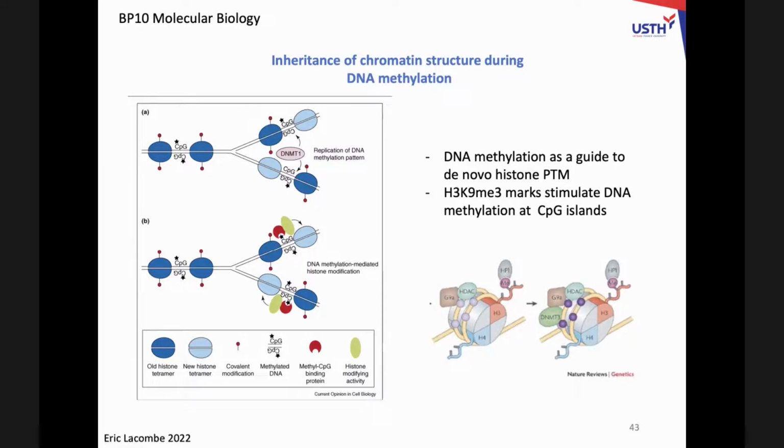The consequence of having the histones in a state compatible with compaction is the methylation of the DNA inside this region. Do you understand what I say? Because it's quite tricky. If the DNA at one place is methylated, the consequence will be the methylation of the histones. And if the histones are methylated in one place, the consequence will be the methylation of the DNA. So it's reverse. You understand the concept?